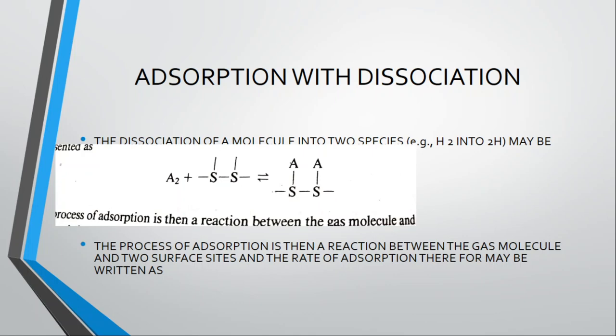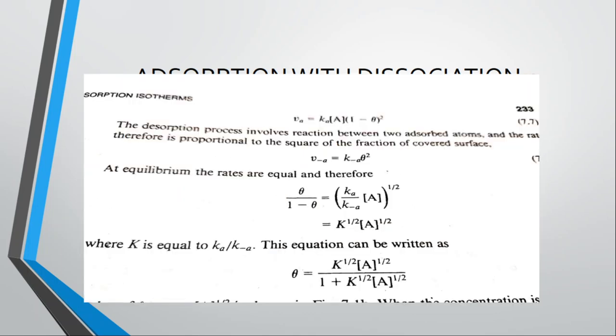That is, the process of adsorption is then a reaction between the gas molecule and two surface sites, and the rate of adsorption may therefore be written as Ra equal to Ka into concentration of A into (1 minus theta) square. Actually, theta refers to the number of atoms which are adsorbed on the surface, and 1 minus theta involves the surface available for adsorption.